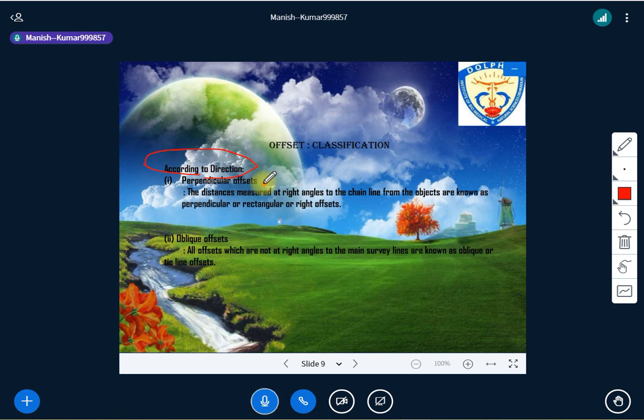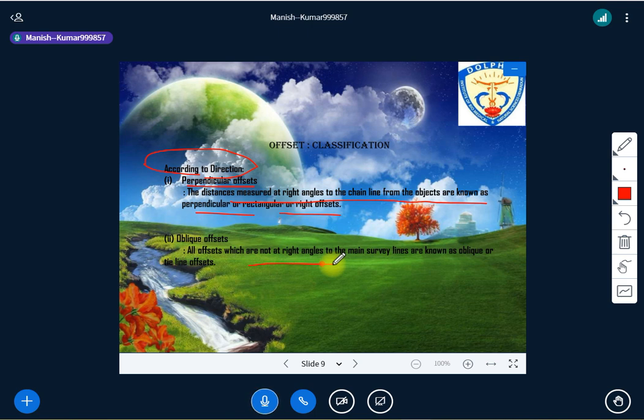Perpendicular, as you know, the meaning of perpendicular is 90 degrees. It means if you are measuring the distance at right angle to the chain line from the object, that is known as perpendicular or rectangular or right offset. And oblique, if the angle is not a right angle, that is called oblique offset.